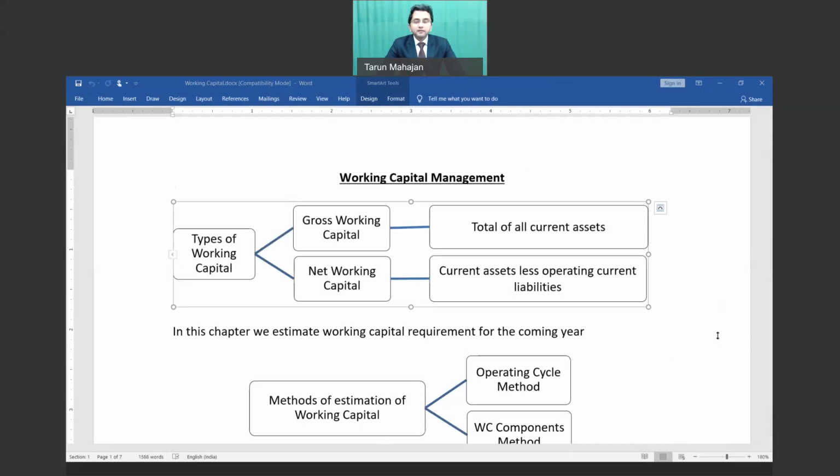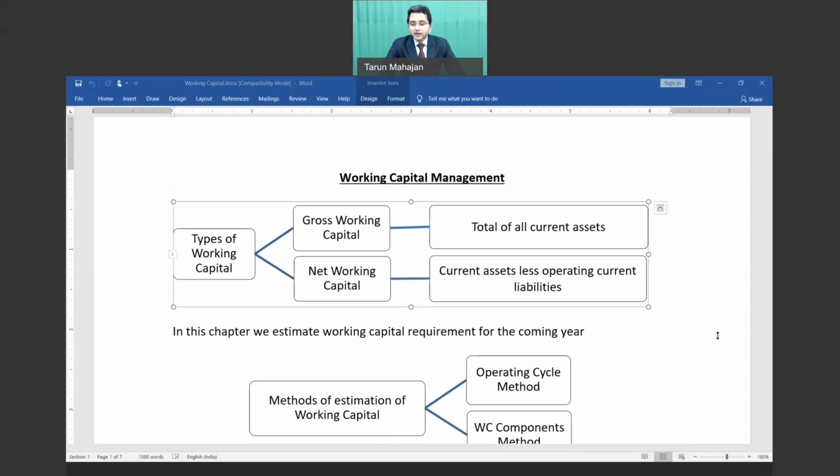And financing current liability simply means interest-bearing current liability. That is, financing current liability means cash credit limit, bank overdraft, book debts limit, commercial papers issued by a company, short-term deposits taken from public, short-term deposits taken from members, etc. These are interest-bearing current liabilities and named as financing current liabilities.